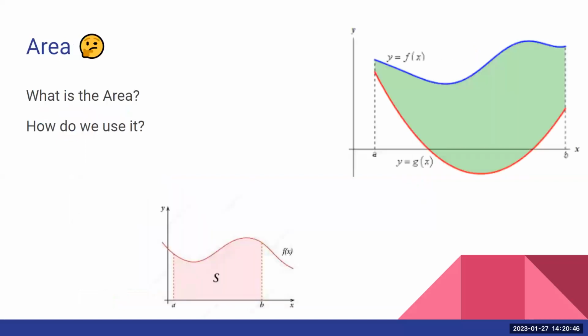Area. What is area? Area is an empty space, usually in between the graph line and the x-axis. How is area used? Area is used in integral calculus. Integral calculus is when you use function 2 to get function 1.